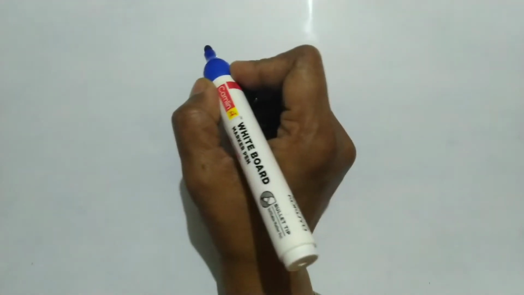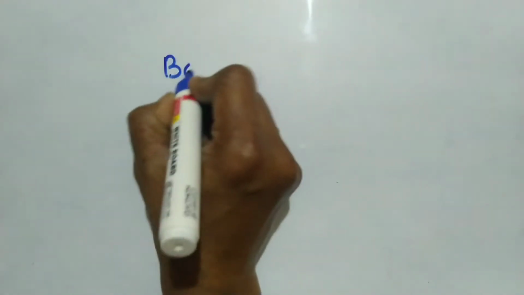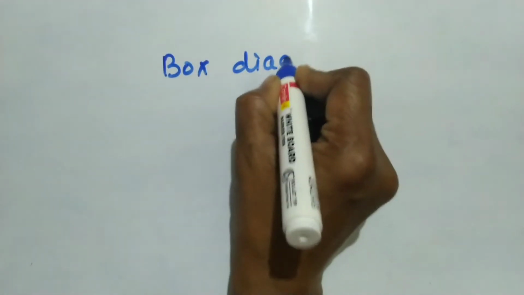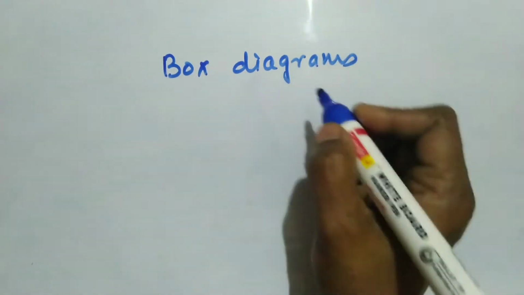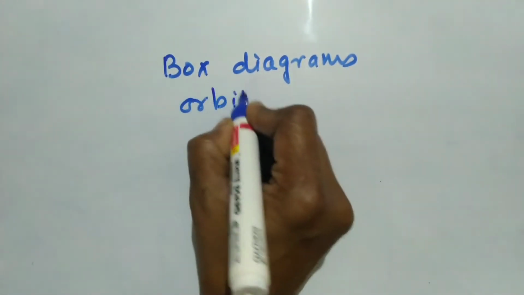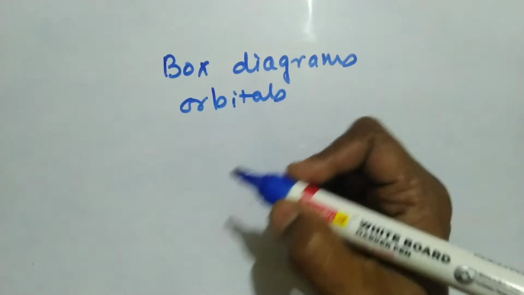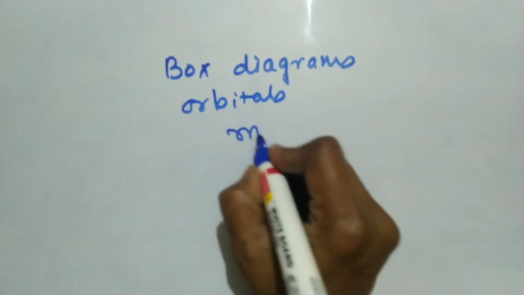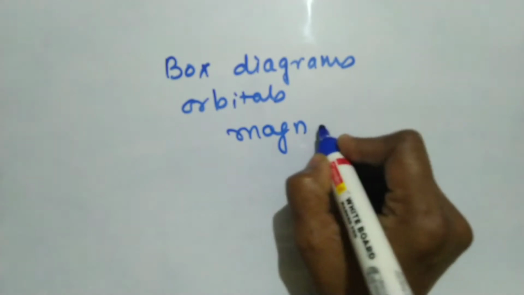Again, these electronic configurations in different subshells can also be represented in box diagrams, where these subshells are divided into different orbitals based on their orientations or magnetic quantum number.